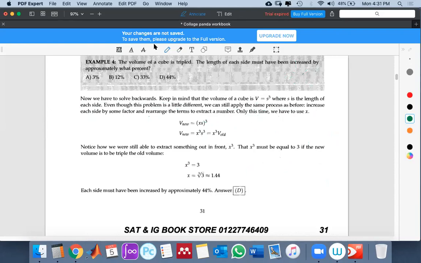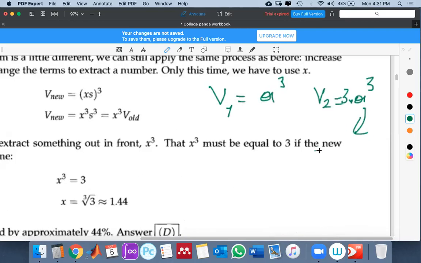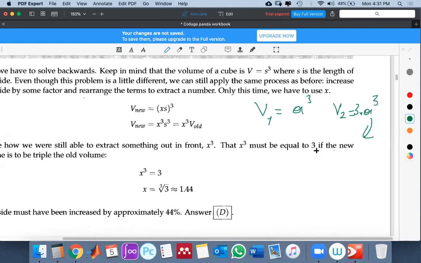Now, the thing is this. Since the volume is, let's say, a cubed, the first volume, the second volume is 3 times a cubed. What is changed here? 3 is a fixed number, so it doesn't make sense for it to change. It could be changed just with a. So how could a be changed so that this multiplication, a times a times a, gives us the 3?